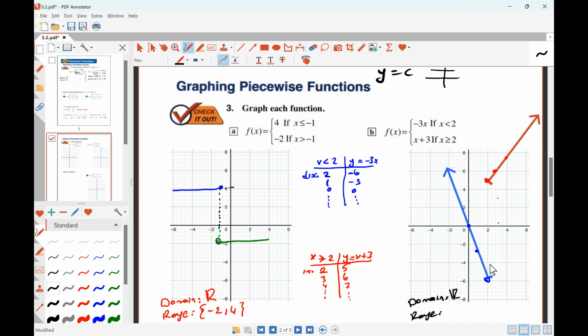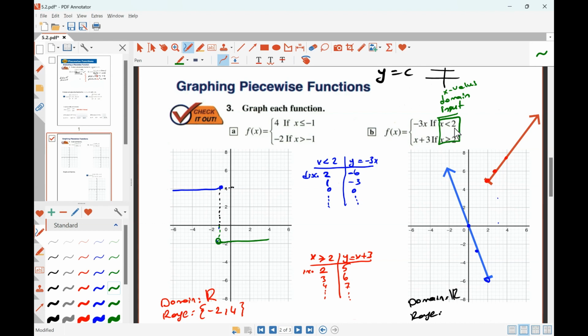So can I find the domain without using the graph? Yes, I can. I can find the domain by looking at the question. In the question, after the if part, the interval part is represented by input. So input means domain. The x values represent the domain.